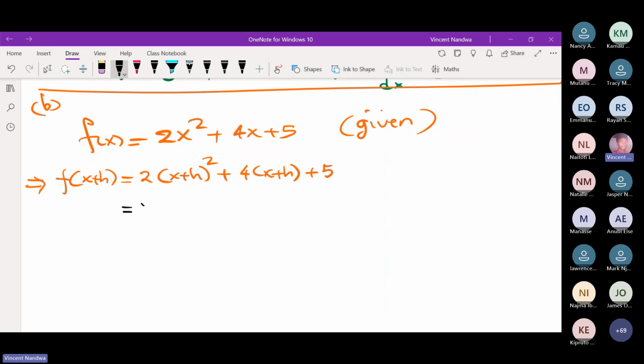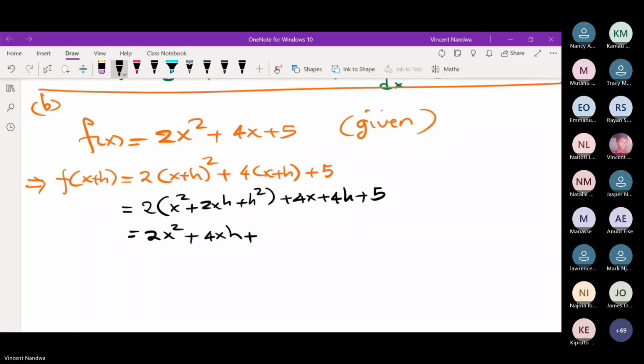Then this will be now 2 into x squared plus 2xh plus h squared, then plus 4x plus 4h plus 5. So when I multiply, I'll get 2x squared plus 4xh plus 2h squared, then plus 4x plus 4h plus 5.